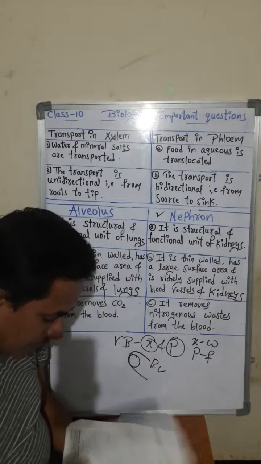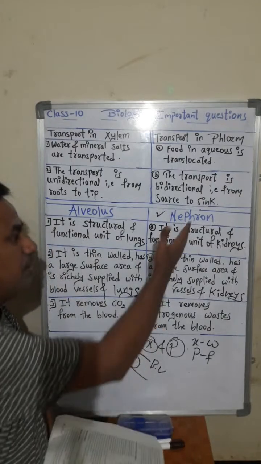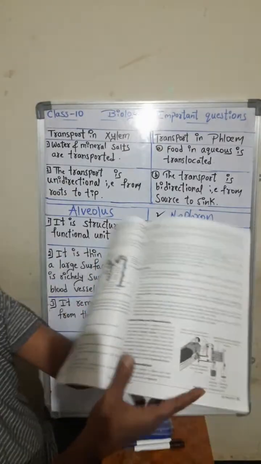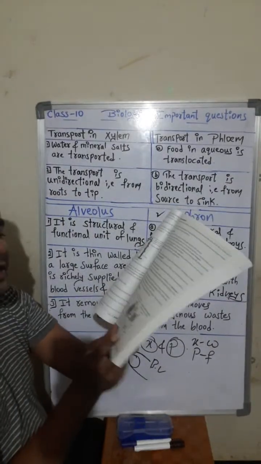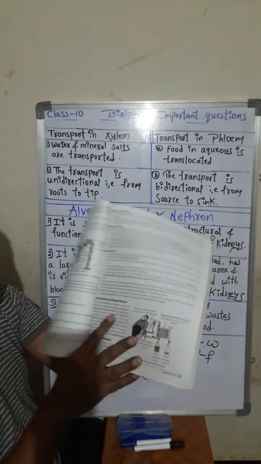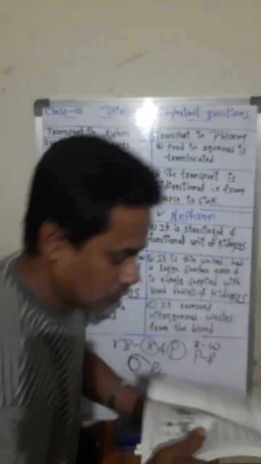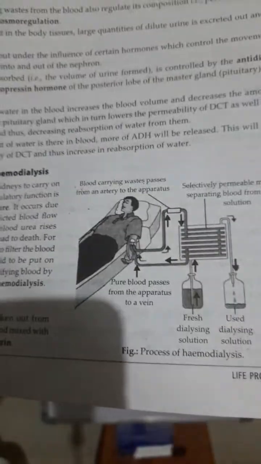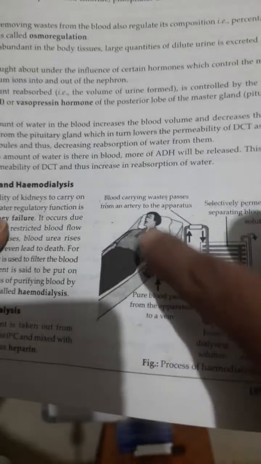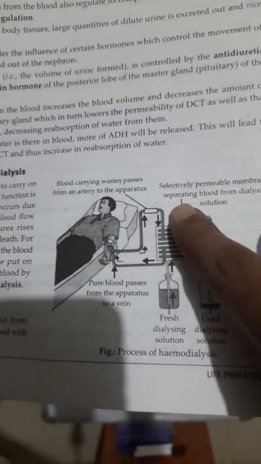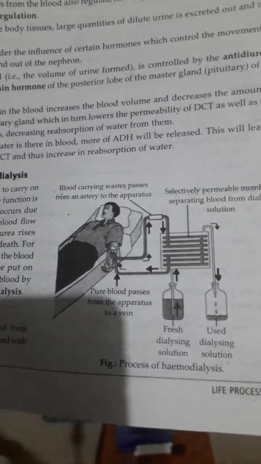And one thing I want to tell you students, if the kidneys fail, artificial kidney dialysis or hemodialysis takes place like this. Every 3 days the patient has to be taken to the hospital. The blood comes here, and a selectively permeable membrane separates blood from the dialysis solution.